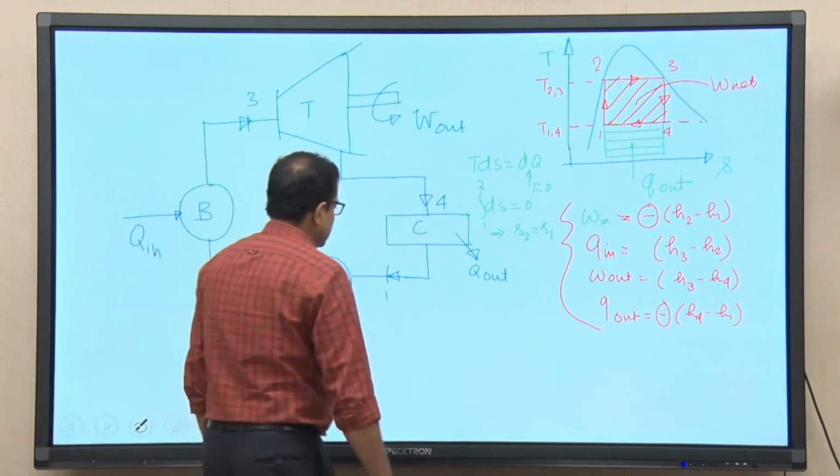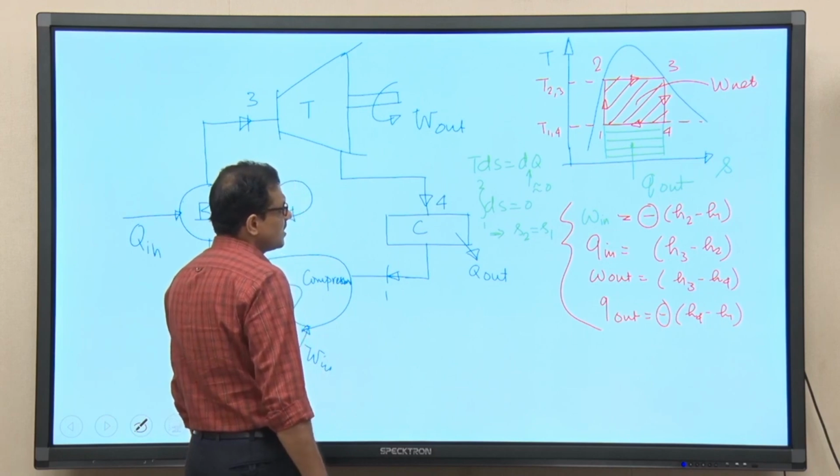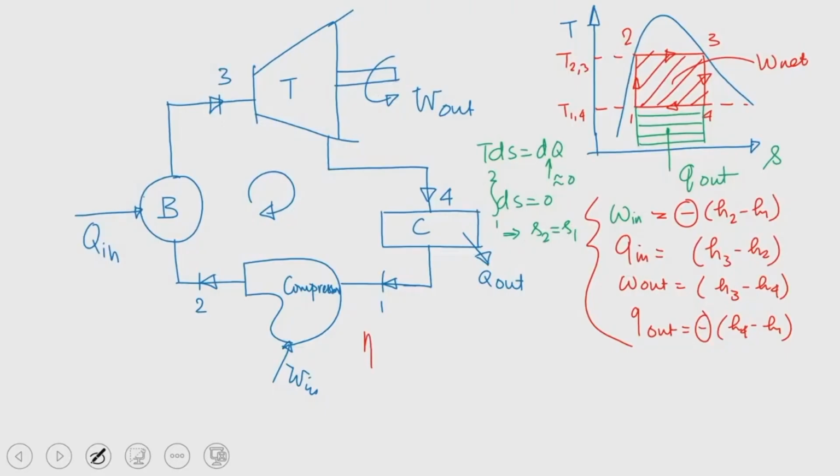So, what about the thermal efficiency? Thermal efficiency eta thermal is W net by Q in, right. We can write W net as W out minus W in.